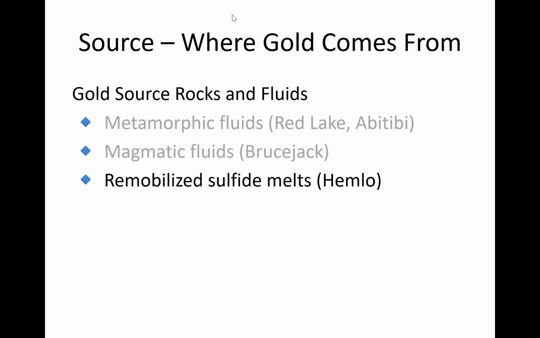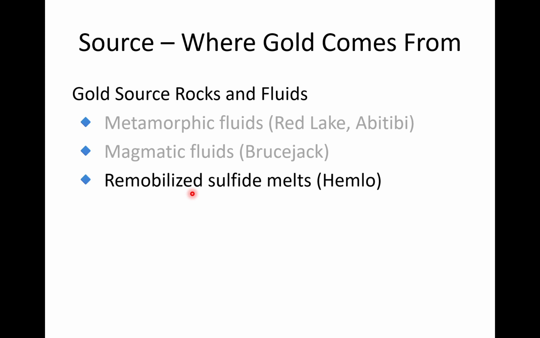In some cases, gold may be sourced from specific rock units that are unusually enriched. For example, banded iron formation or carbonaceous shales can be primary gold reservoirs that release gold during metamorphism. The Hemlo deposit in Ontario is hosted in a sedimentary sequence with abundant sulfide.